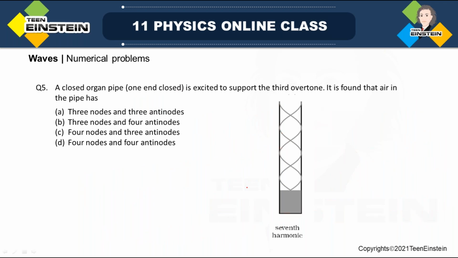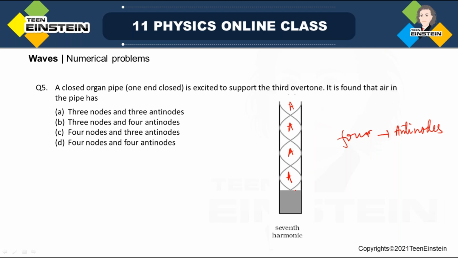Okay, so third overtone or the seventh harmonic. Look how the seventh harmonic looks. So how many nodes are there and how many antinodes are there? You can find out. 1, 2, 3, 4, 4 antinodes.